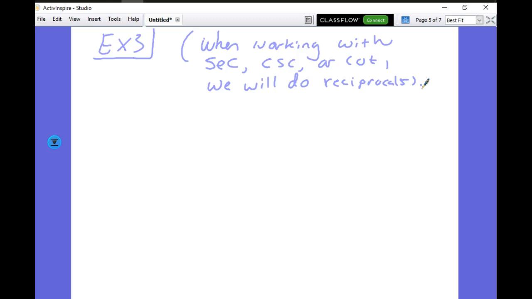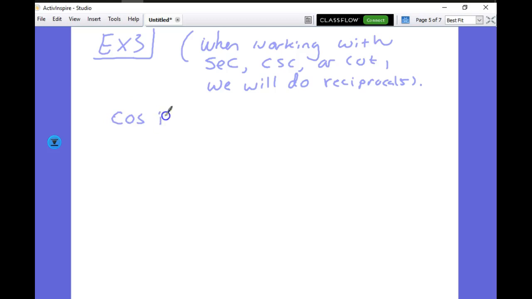So what we're going to do is convert them into the ones we do know. We're going to convert secant into cosine. Let's write that down.